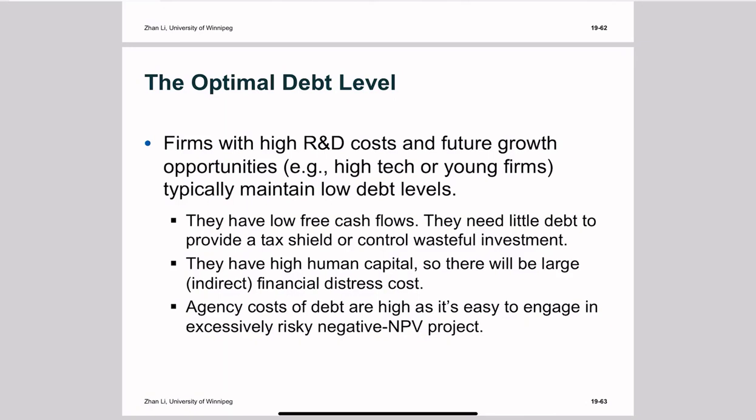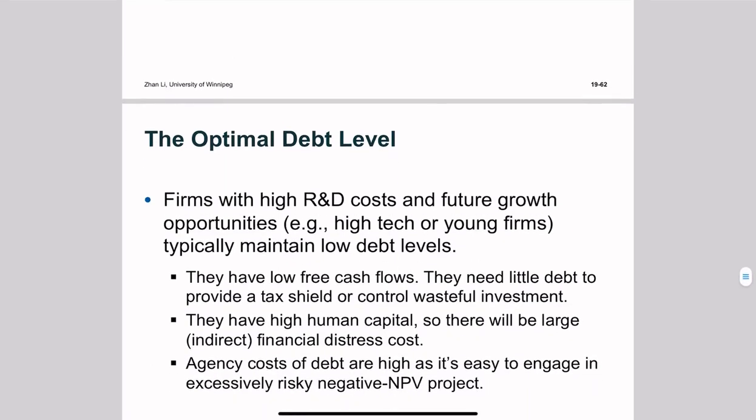So the first reason is that these tech firms have low free cash flows. So basically they have a lot of growth potential. So their cash flows are almost all used to make new investments.